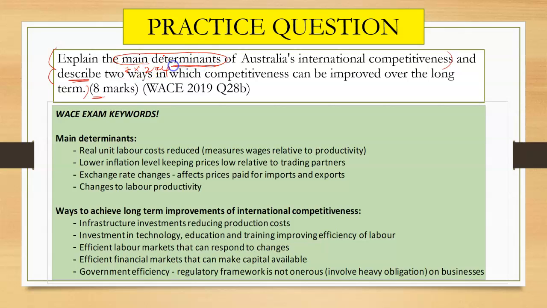How many determinants do we need for 4 marks? 2 determinants, because again it's 2 points times 2 marks. These are the keywords that I have extracted from the WASE exam paper 2019 question 28. So main determinants is what we have, and what can the government do is also what we have in the explanation that I have already made.